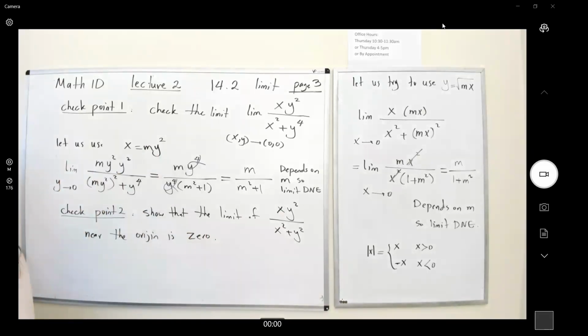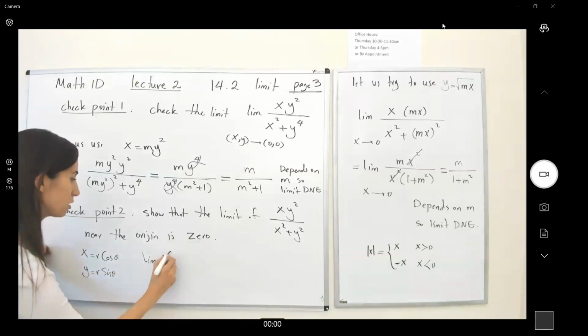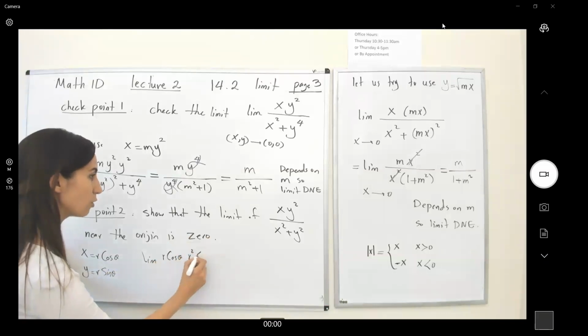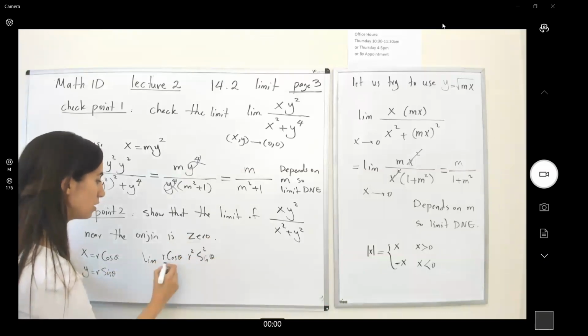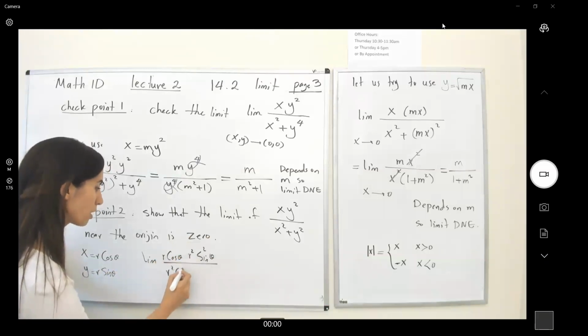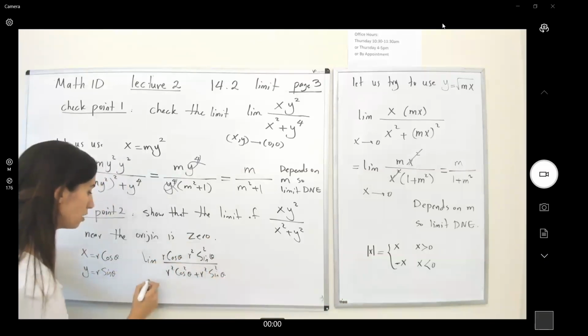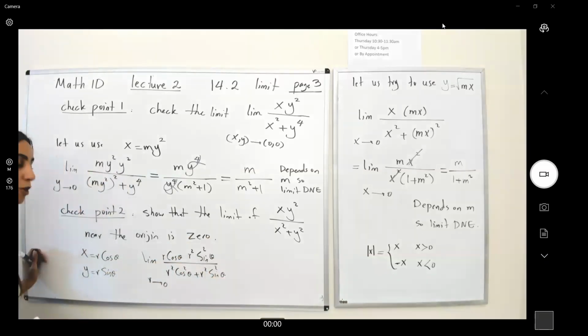For polar coordinates, in this case, you have x equals r cosine theta, y is r sine theta. So in this case, you have the limit of r cosine theta, r squared sine squared theta divided by r squared cosine squared theta plus r squared sine squared theta, while r goes to 0.